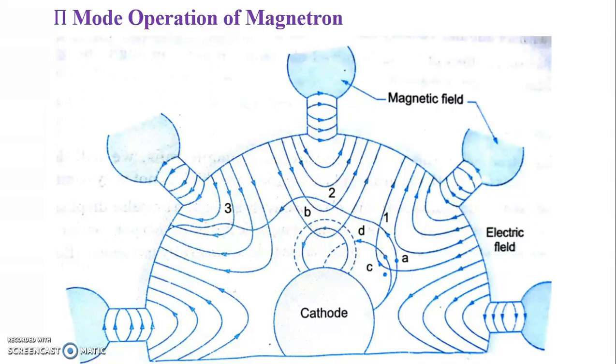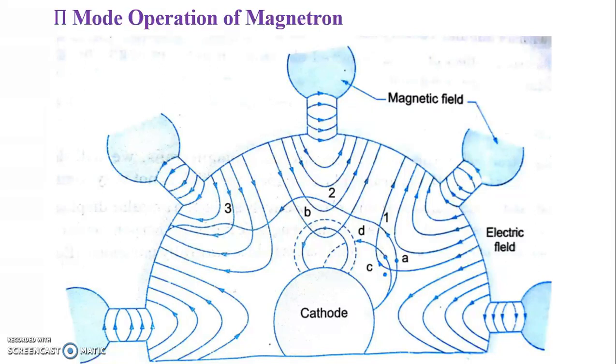As pointed out earlier, self-consistent oscillations will be obtained if the phase difference between adjacent anode poles is n pi by 4, where n is an integer. If n equals 4, which results in pi mode of operation, which is shown in this figure. Here, the anode poles are pi radians apart in phase.